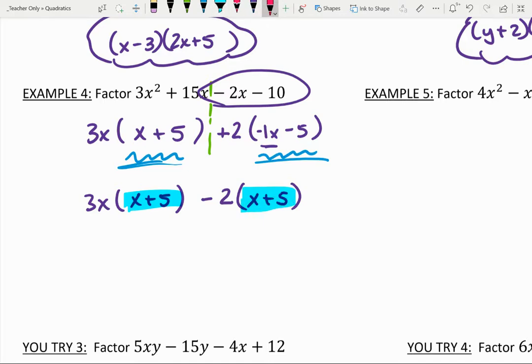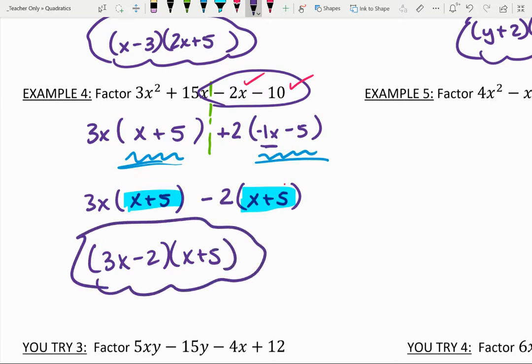Now when I multiply back through, negative 2 times x gives me negative 2x, and negative 2 times 5 gives me negative 10. So just be careful here. Sometimes it's not actually the true greatest common factor, but the common factor that makes the most sense. 3x minus 2 and x plus 5 would be our factored form.